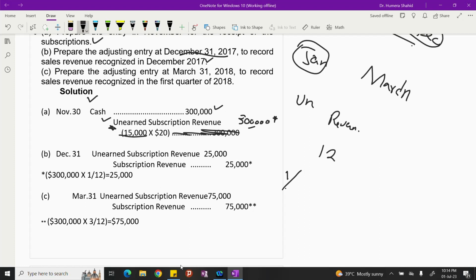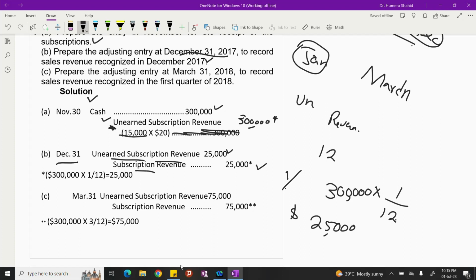So out of 12 months, only 1 month of earned revenue becomes revenue. The unearned revenue which we have recorded was 300,000 and it was for 12 months. Now we have to extract 1 month of revenue out of it, so that is $25,000. So December 31st, unearned subscription revenue gets debit because my liability for 1 month is no more a liability. We have earned that revenue. So unearned subscription revenue, which is a current liability, decreases. So we debit it and we record our revenue for the first month.